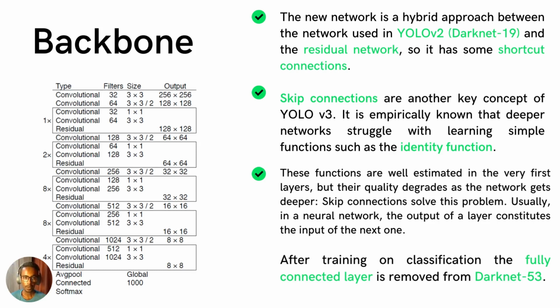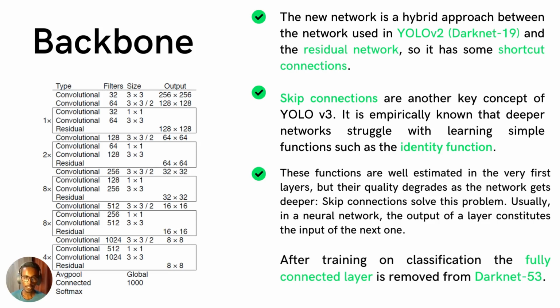The reason they use residual networks or skip connections is because deeper networks struggle with learning simple functions such as the identity function. These skip connections help to preserve some of the information from the shallow part of the network, and the quality degrades when the network gets much deeper. Skip connections offer a solution for this problem.